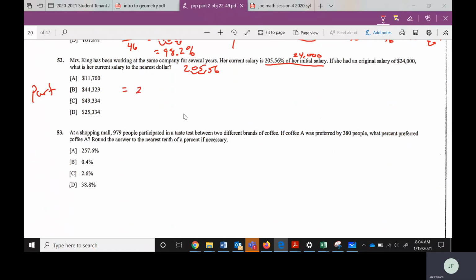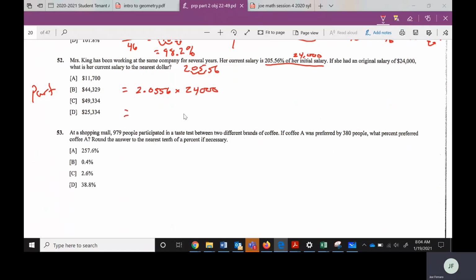So we actually have 2.0556 as a decimal, which seems weird because it's more than 1, and we're used to our percents as decimals being under 1. And then times 24,000. But what that means is, once you get to 100%, you're going to be doubling something. And this just means it grew a lot. It's a lot more than the original salary.